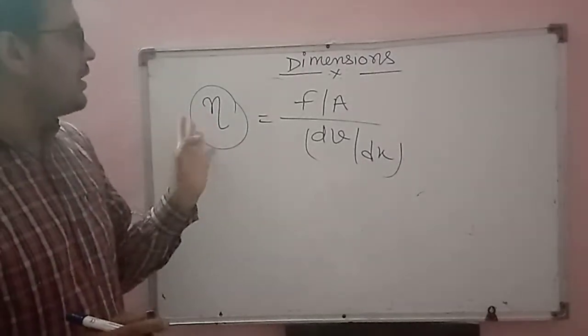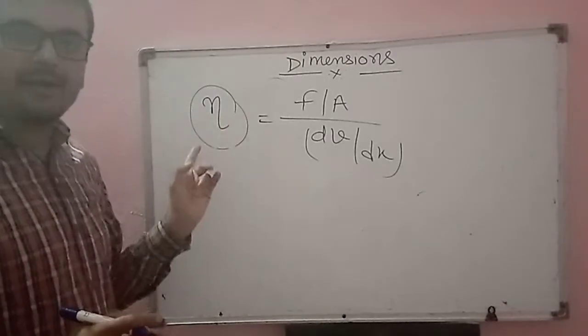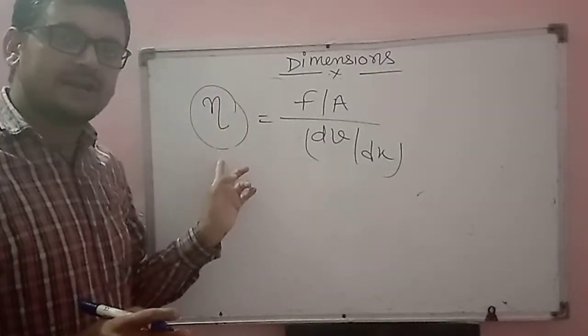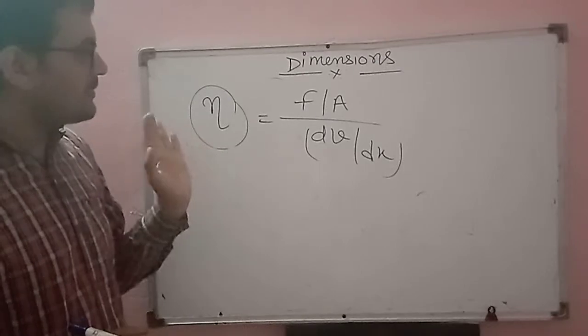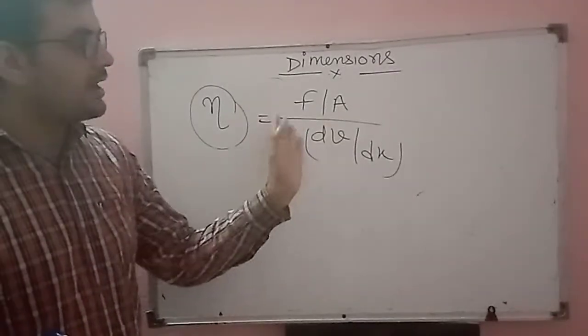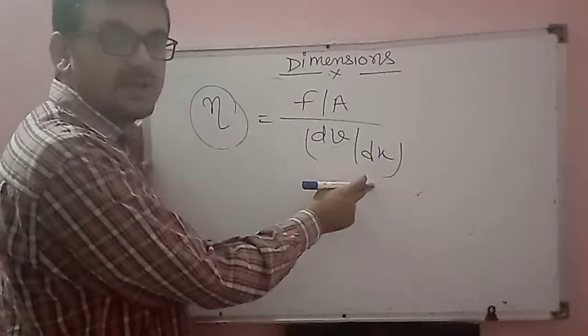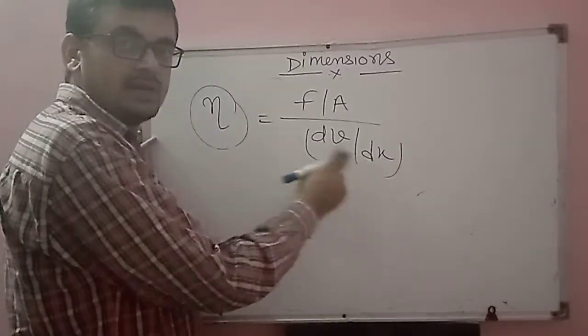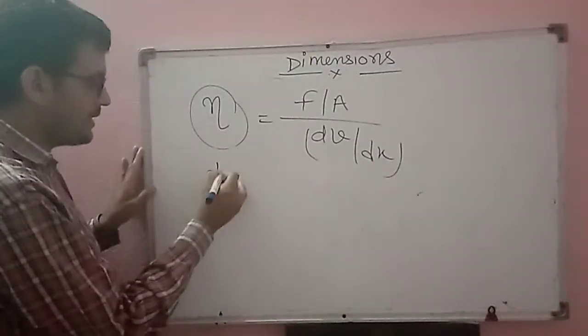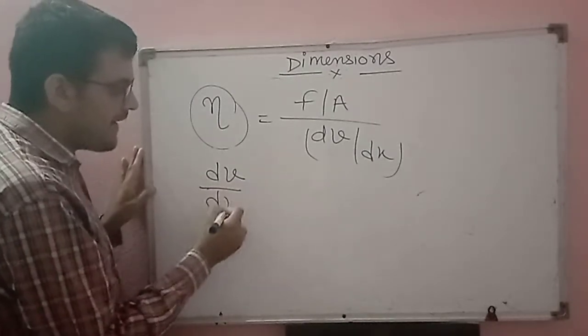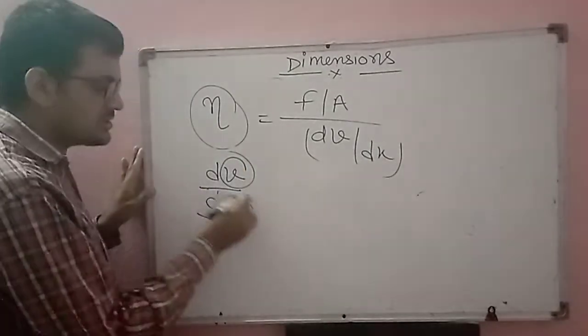But here we are finding the dimension of the coefficient of viscosity. So the formula of coefficient of viscosity is force upon area upon dv over dx. This dv over dx is called velocity gradient. Beta, velocity gradient means change in velocity with respect to distance.